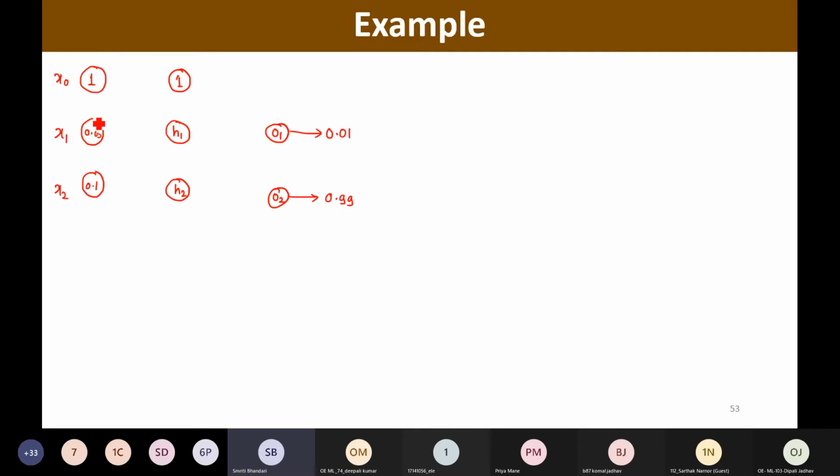Every input should be provided to every neuron. So this x0, from this x1 also I'll be having this, from this x2, sorry.